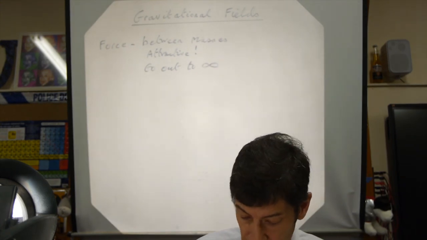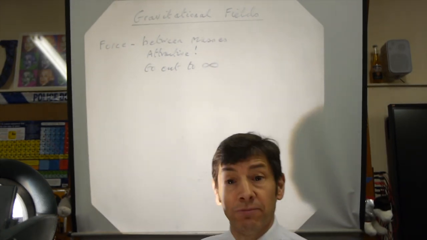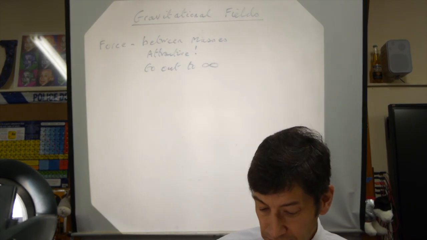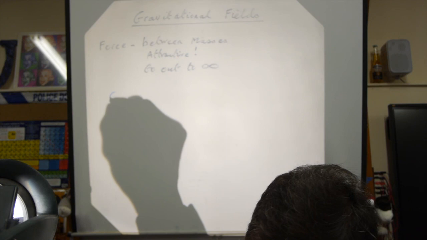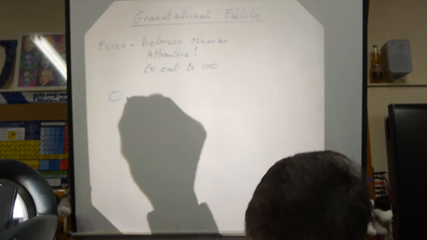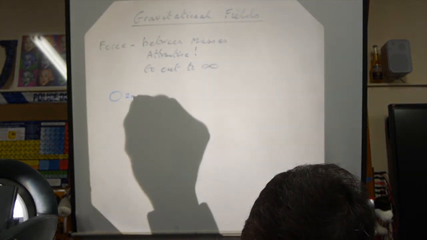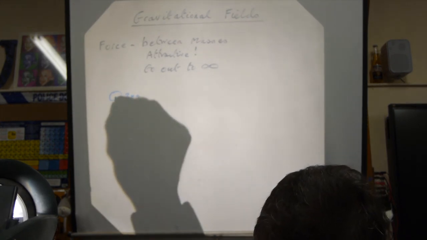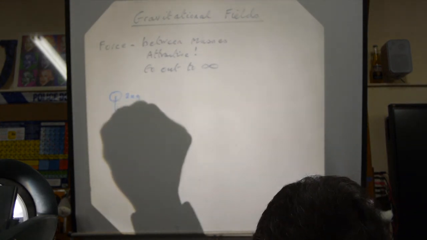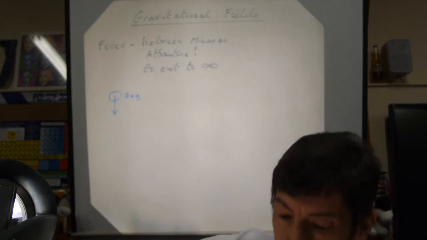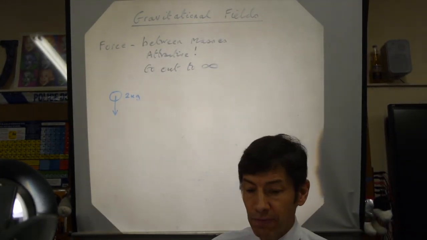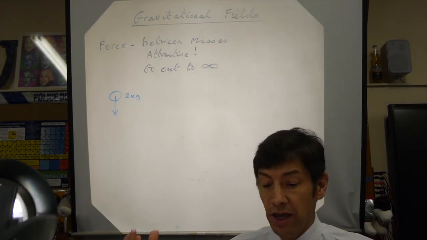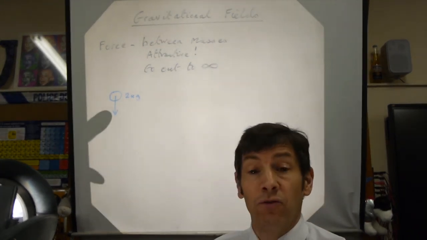Now, what I thought we'd do is just very quickly look at something we would do at GCSE as a quick reminder. What I usually do is I take an object, and I make that something like 2 kilograms, and I draw a force on it acting downwards, and you'll notice I've given the force a direction, towards the centre of the Earth, if we're on Earth.